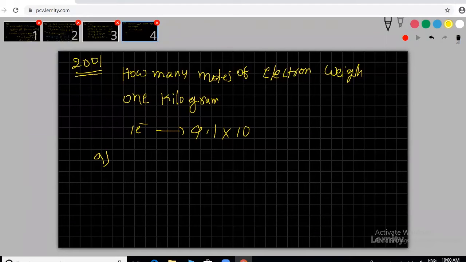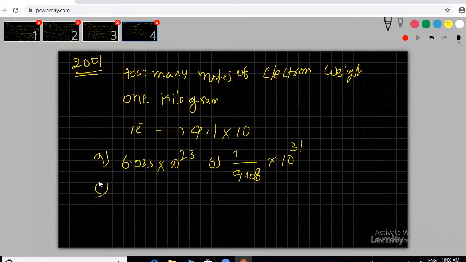The first option is 6.023 into 10 power 23. Option B, 1 by 9.108, this is the exact value, into 10 power 31. Option C, 6.023 by 9.108 into 10 power 54. Let me know if you are not understanding, which I am writing also.